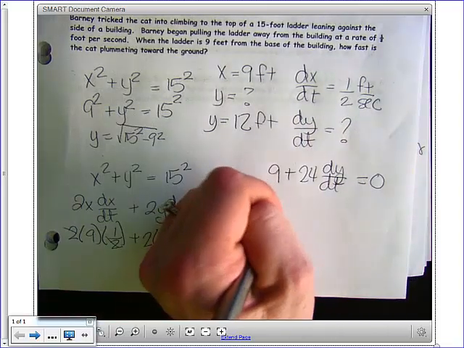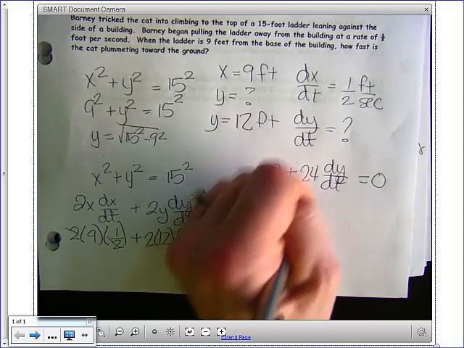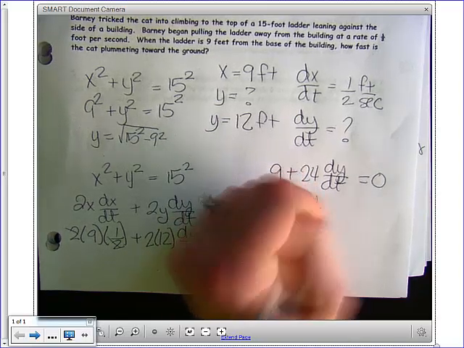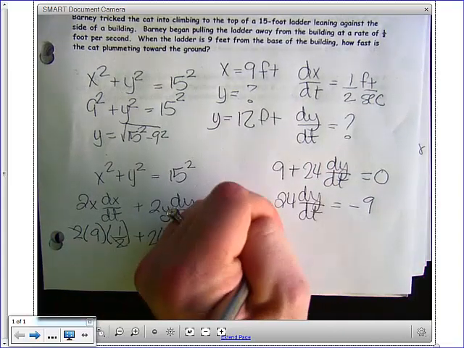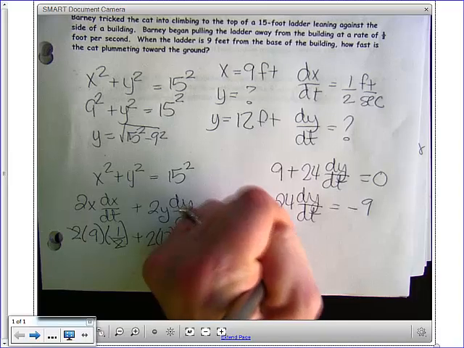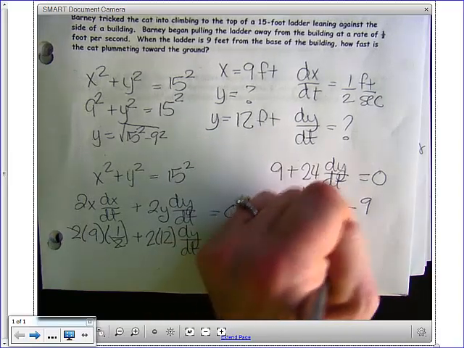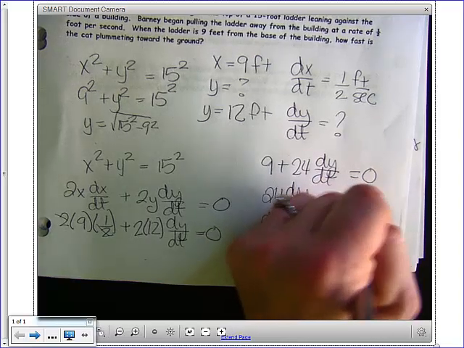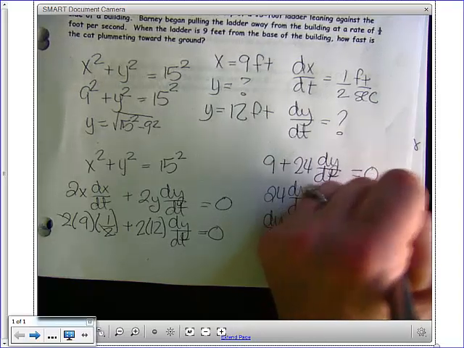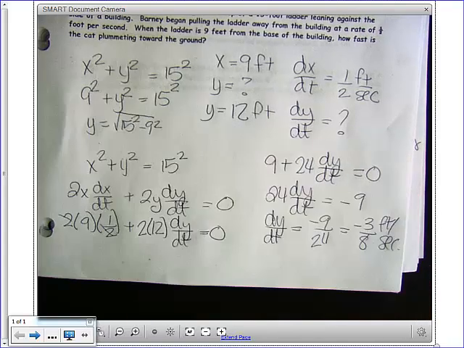Solving for that, 24 dy/dt equals -9. Divide by 24, dy/dt equals -9 over 24. That simplified is -3 over 8 feet per second.